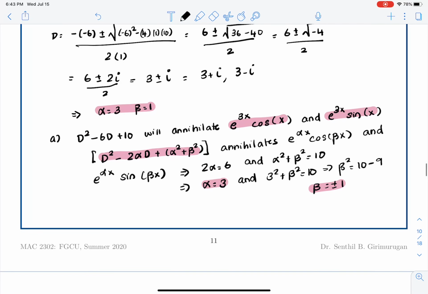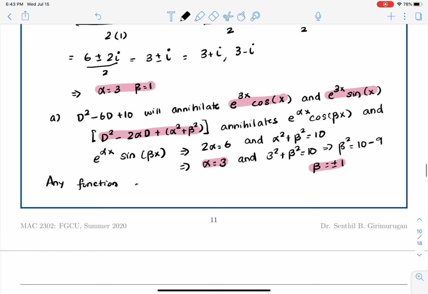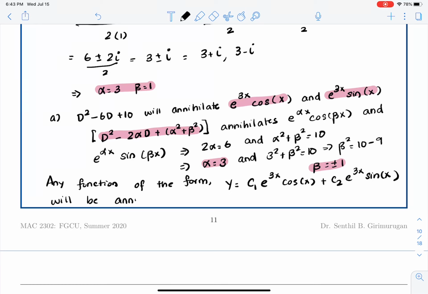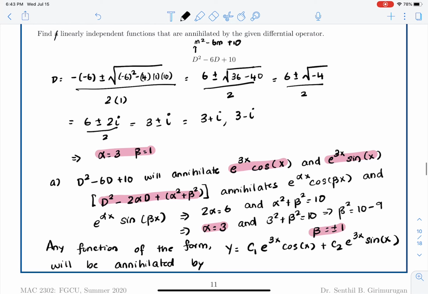Also, any function of the form y equals c1 e raised 3x cosine x plus c2 e raised 3x sine x will be annihilated by d squared minus 6d plus 10.